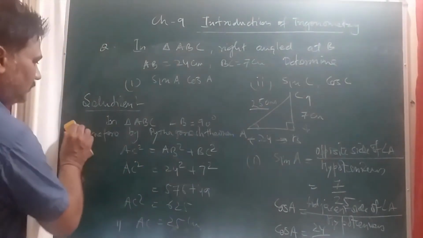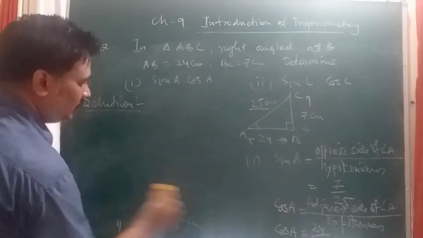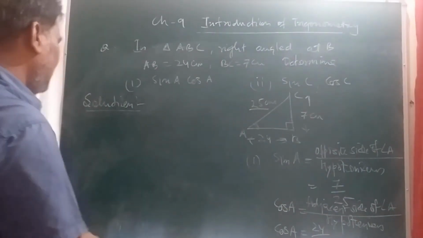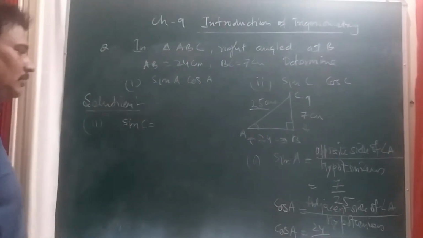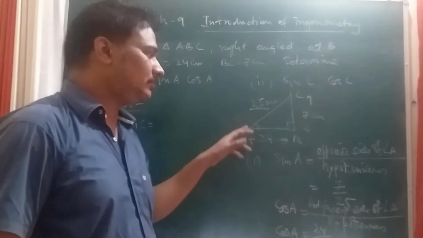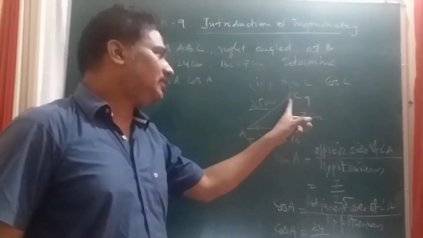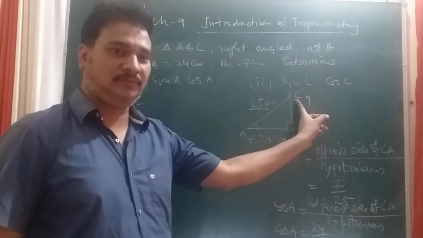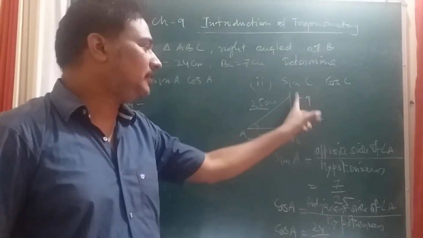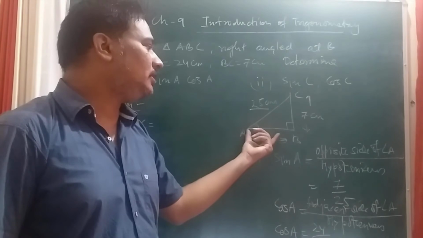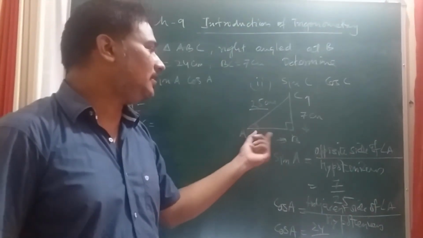Now the second point. Second is sin C and cos C. Sin C. Now look at the figure. Where is C? C is situated here. For C, the adjacent side is BC and opposite side of angle C is AB.